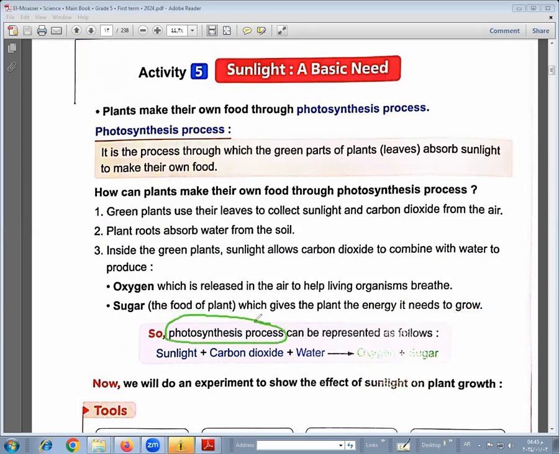Who still remembers? Yes, the plant will absorb sunlight from the sun, carbon dioxide from air, and water from soil. Then it is ready to make oxygen and sugar. Oxygen lets us breathe, and sugar is the plant's food and gives it energy to grow.